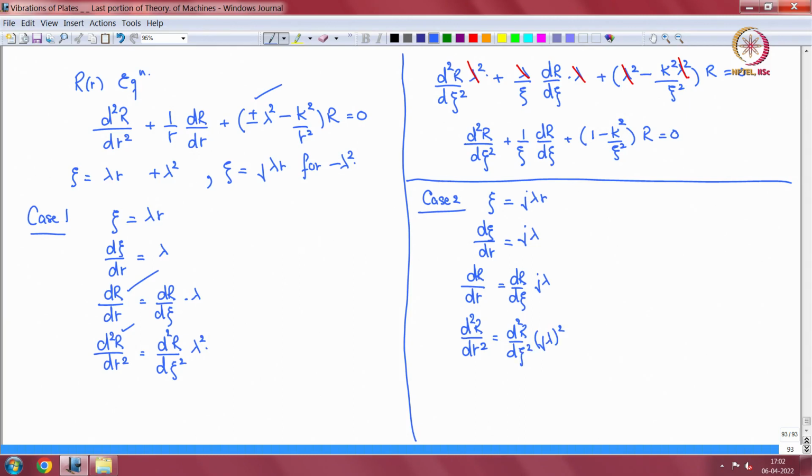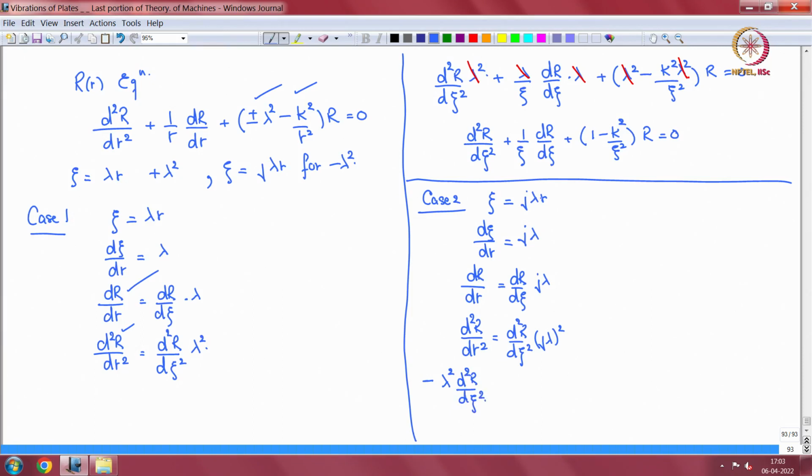Okay. Now if we look at this equation again, d²R/dr² is minus λ² d²R/dξ².